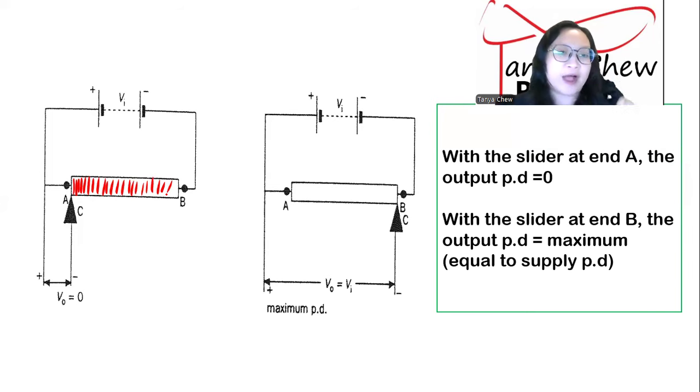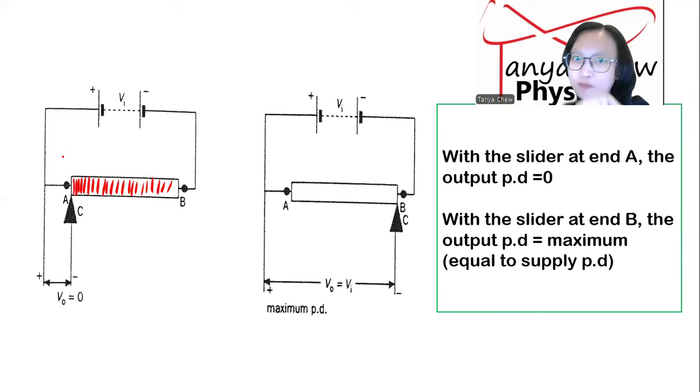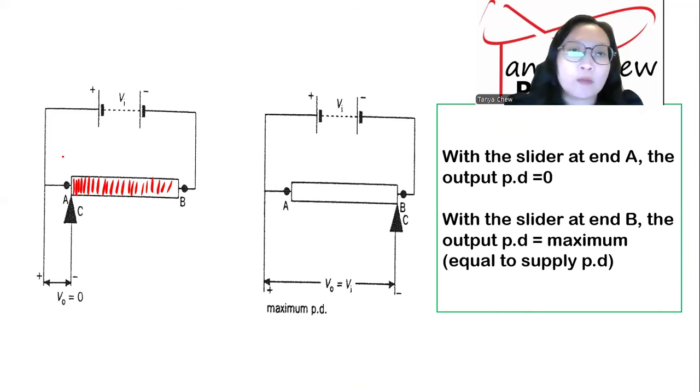So at A, the resistance is equal to 0. Since voltage is directly proportional to resistance, remember that? When the slider is at point A, the output PD measured, the voltage reading, will give you 0 volt.